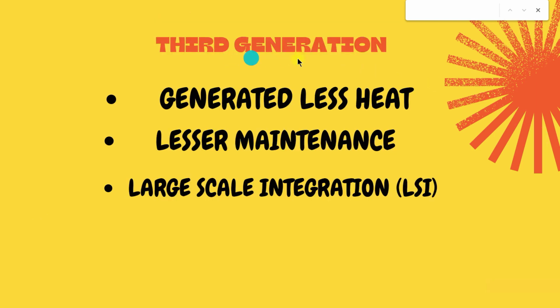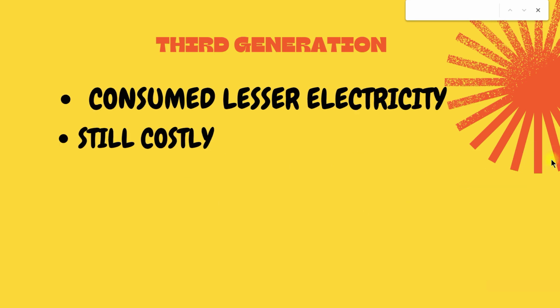So the advantages of third generation computers are they generated less heat compared to the previous generations, first and second generations, lesser maintenance required, and they use large scale integration LSI and consumed lesser electricity.